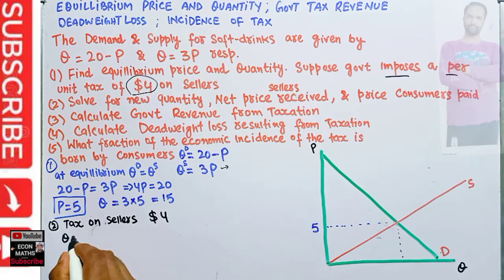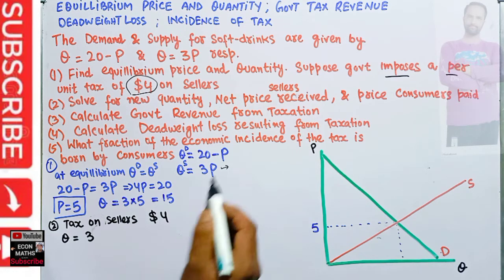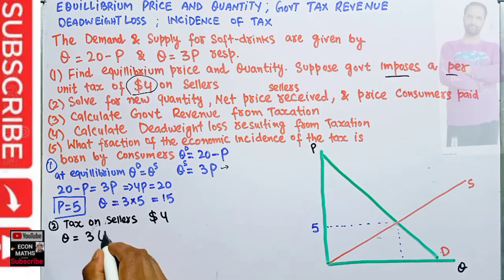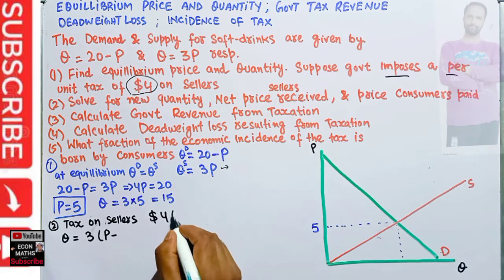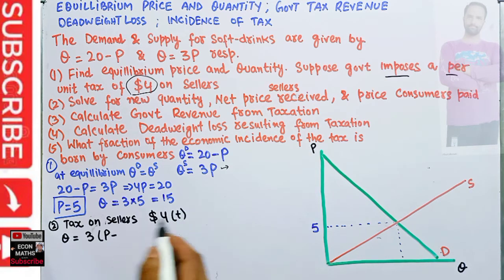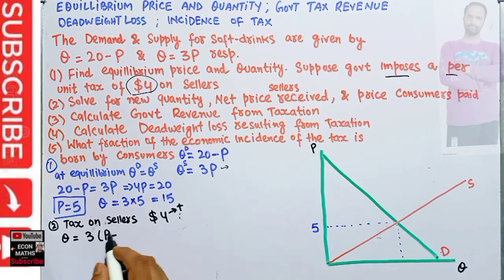So our new supply function, from the original supply function, will become Q equals 3 times the new price, which will be P minus the tax rate, that is $4.